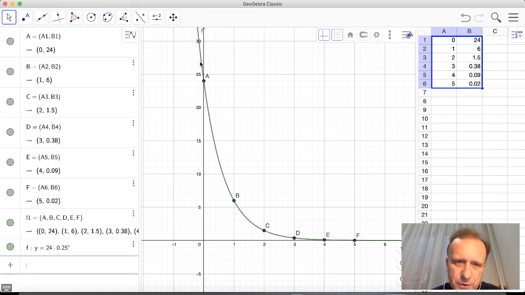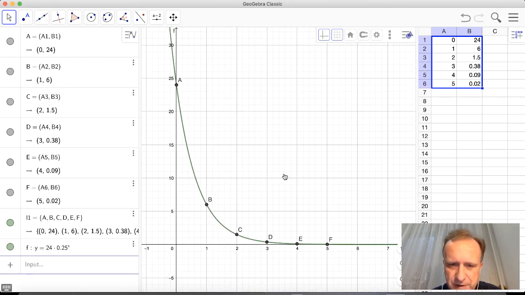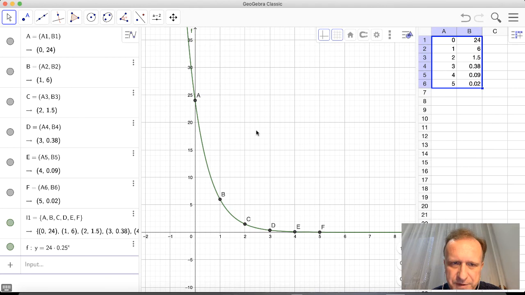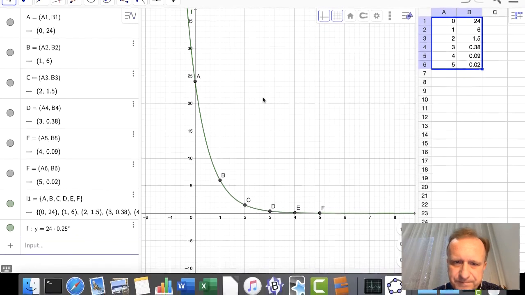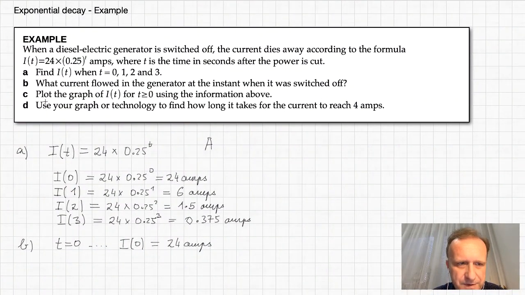So I should ignore this part to the left of the vertical axis. So this is the function representing the decay of the current, the way in which the current decreases exponentially in time.